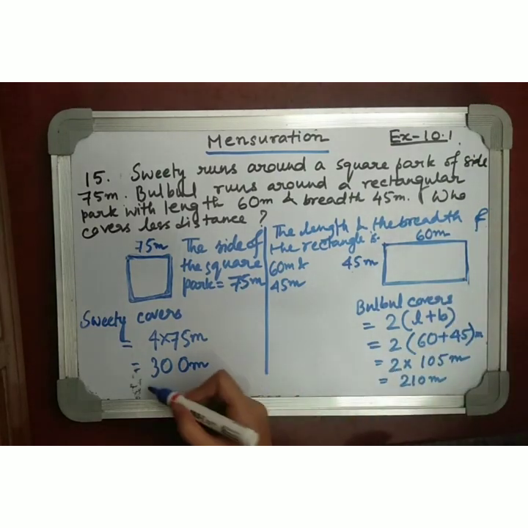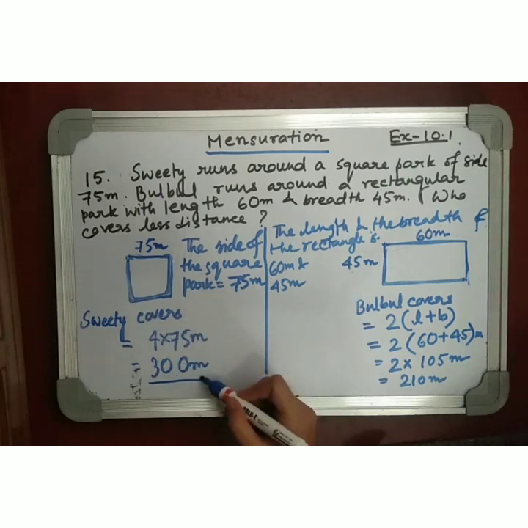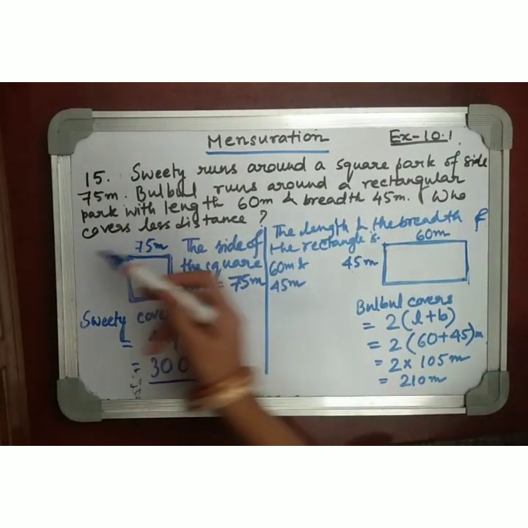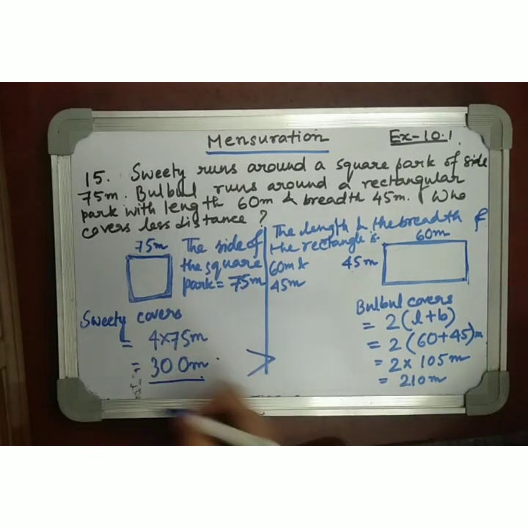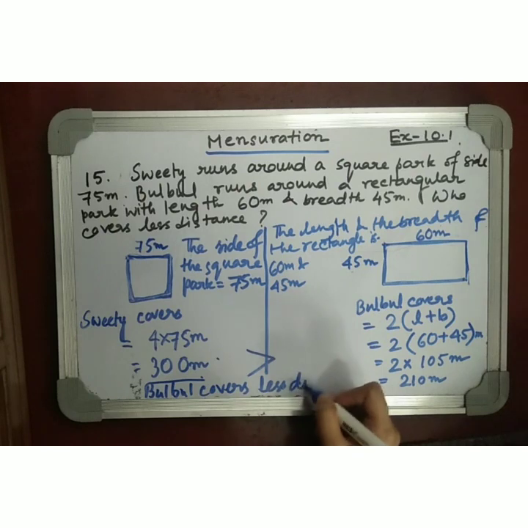So here we can see by finding the perimeters, Sweetie has covered 300 meter and Bulbul has covered 210 meter. Now we have to find which one is bigger, because in the question it is written who covers less distance. This one is bigger. So Bulbul is covering 210 meter and Sweetie is covering 300 meter. So we will write Bulbul covers less distance.